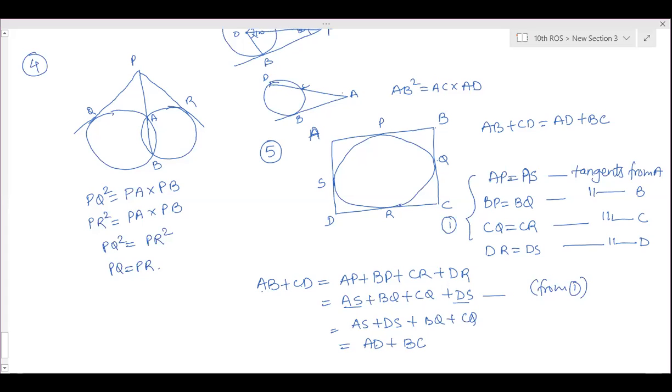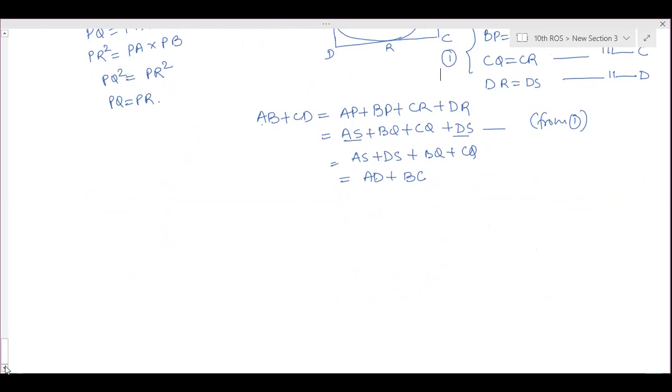Seventh one, a chord PQ of a circle. Yes, it's a very important question. A chord PQ of a circle is parallel to the tangent at point R to the circle. Prove that R bisects the arc PRQ.